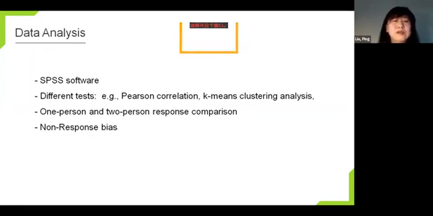We have 1-person and 2-person responses mainly because in some companies one person is in charge of open innovation and corporate foresight, and in some companies more persons know about it. So we have 2 kinds of responses, and we also checked the non-response bias.